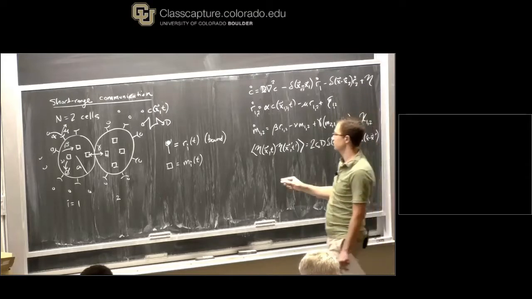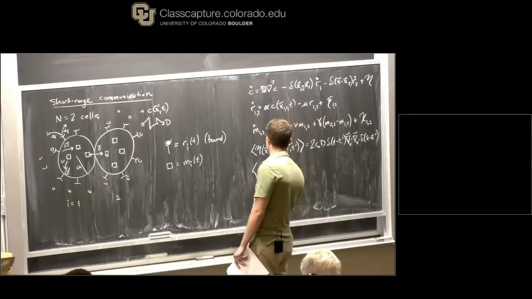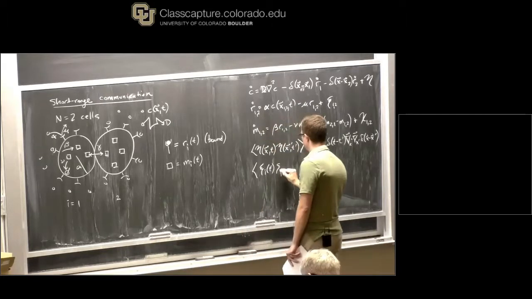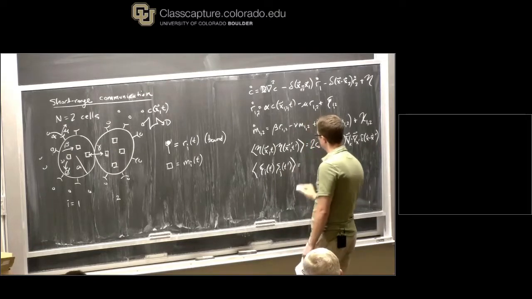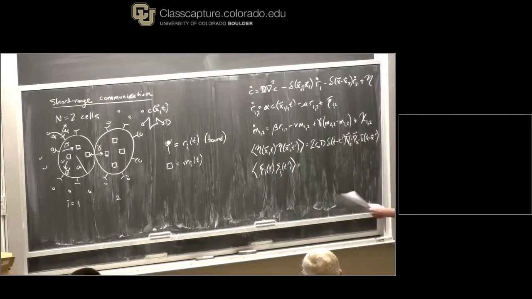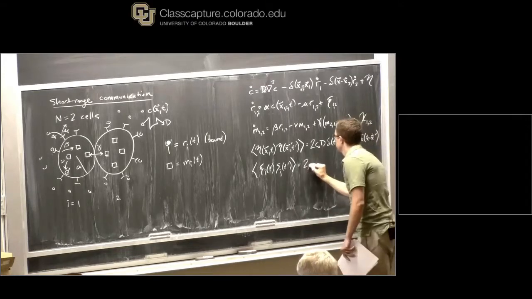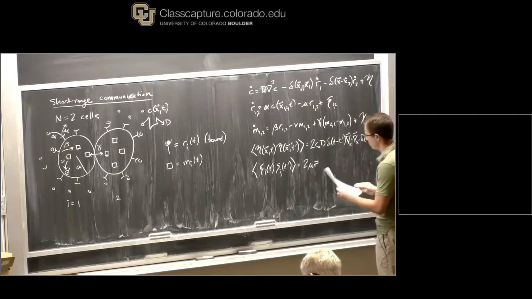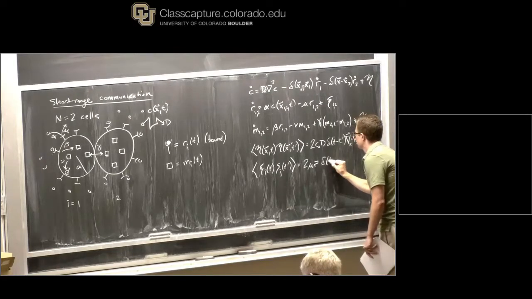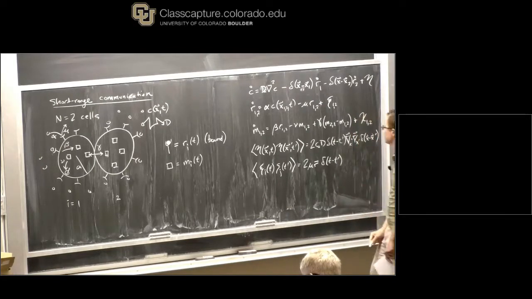The statistics of Xi, which is just time and cell dependent, are 2 mu r bar times a delta function in time.